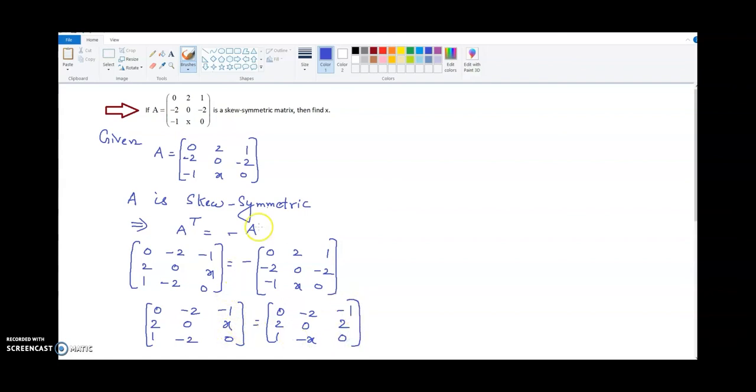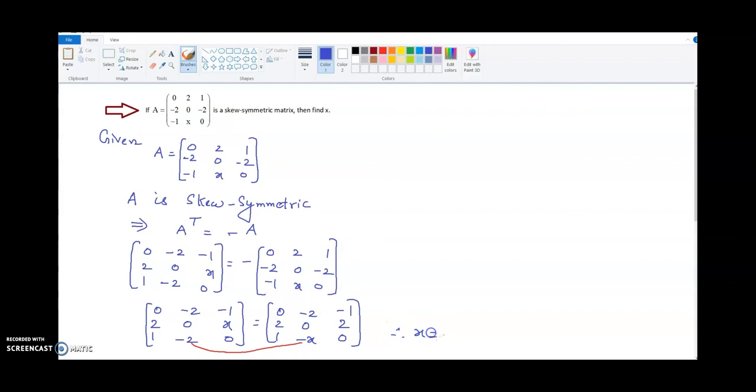Again both these matrices are equal. We can equate the corresponding elements whenever the matrices are equal. So the second element of second row and the second element of third row on both the sides, we can equate, we get the value of x as x equals to 12.